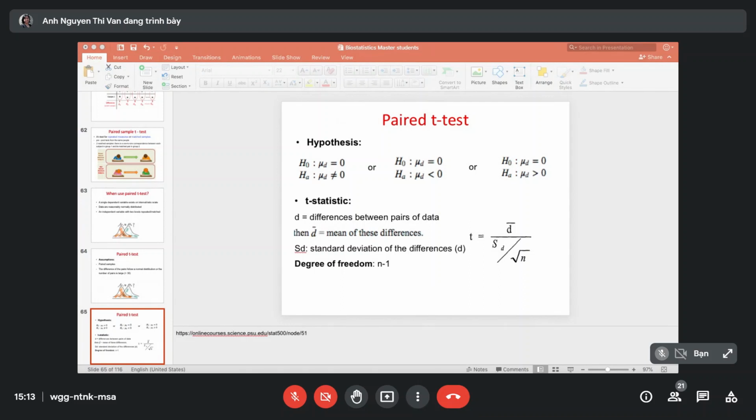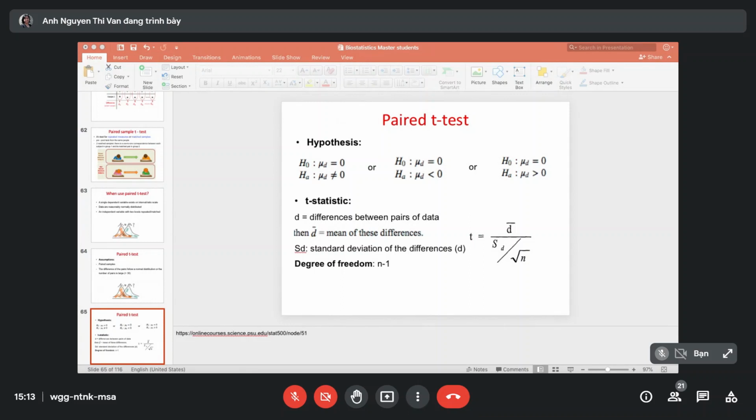So I think maybe the difference in each pair is not the same. They are different from each other. Different from each other? Is it correct to say that?